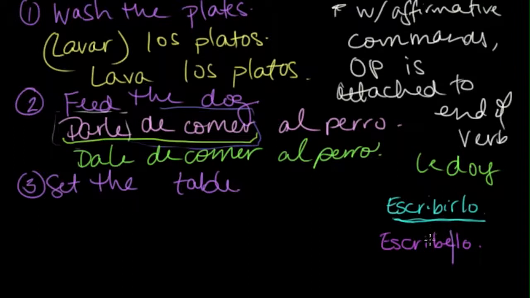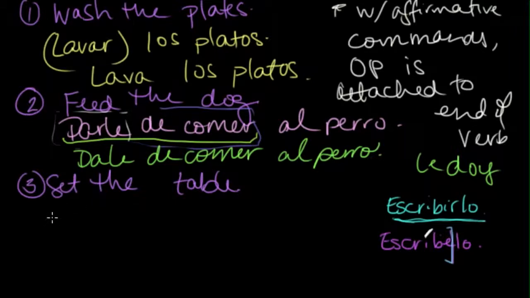So what we do is we add an accent to the originally stressed vowel to maintain the pronunciation of the verb without the attached object pronoun. So it would be pronounced escríbelo, which matches the pronunciation of escribe. This might sound complicated and you probably won't be expected to do it for a while, but that's just a heads up.